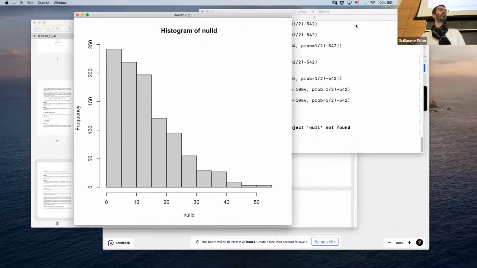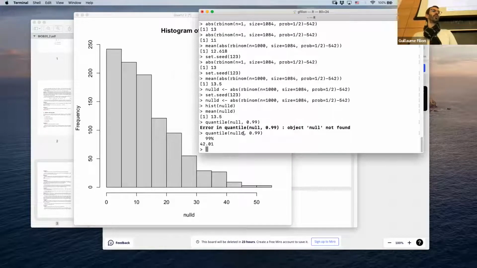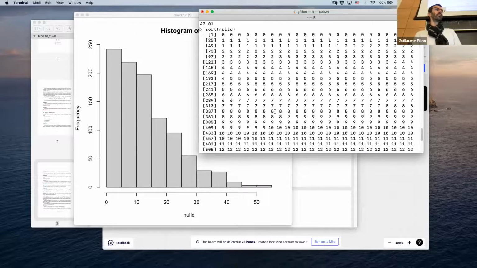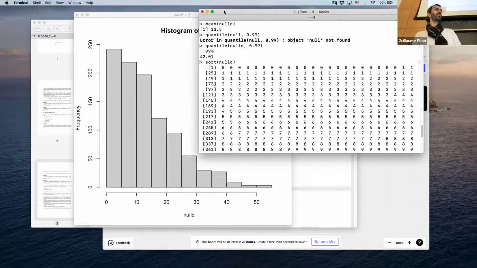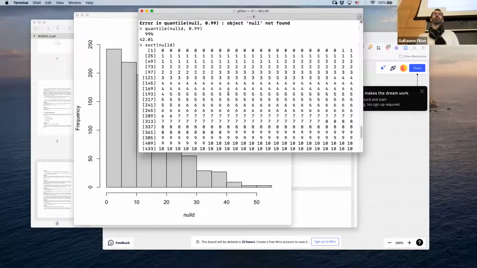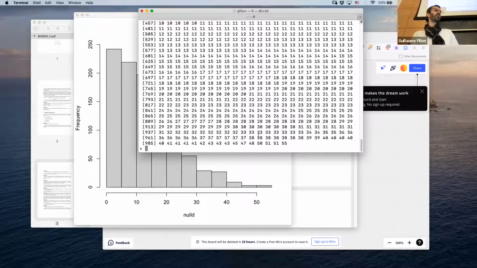Okay, the other equivalent process, for those of you who are not very comfortable with this quantile function, is that the quantile is actually a sort. Okay, so here I'm going to flood the screen, sorry about this. But if we sort the values here, we can see that this looks like that. So we've got a bunch of zeros and then a bunch of ones. So all the numbers, of course, are like single-digit integers, etc. And at some point, we see that we're going to start skipping values like 48, 50, 51, 55.